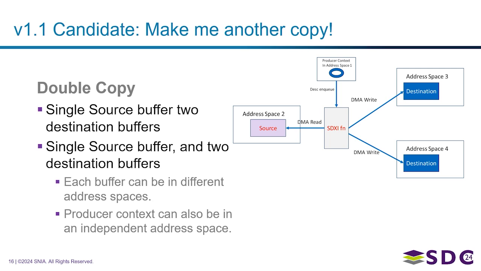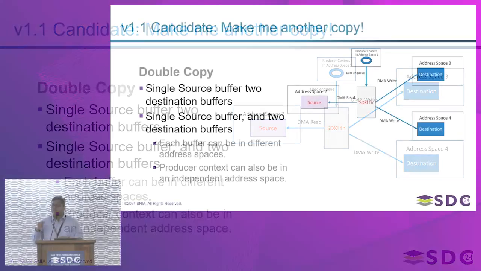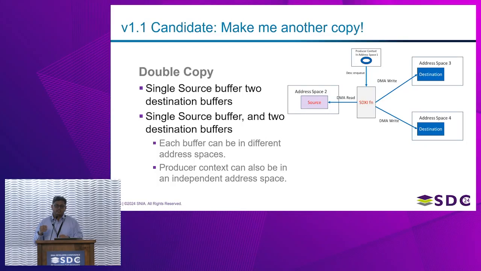This particular operation is more synchronous, which means it will not complete until the copy is made to both locations. But if you have something like a one-to-many kind of model, where there may be subscribers and publishers, it's not necessary that everyone receives a copy, only some of them. That can be another extension to this that can happen in the future.